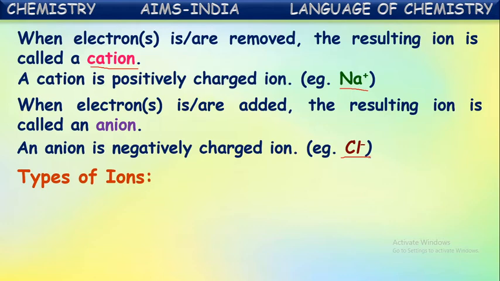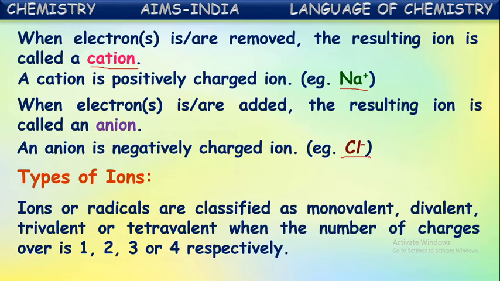So now let us see, based upon these types of ions, ions or radicals are classified as monovalent, divalent, trivalent, or tetravalent when the number of charges over them is 1, 2, 3, or 4 respectively. We said these cations and anions are formed by either gaining or losing one or more electrons.